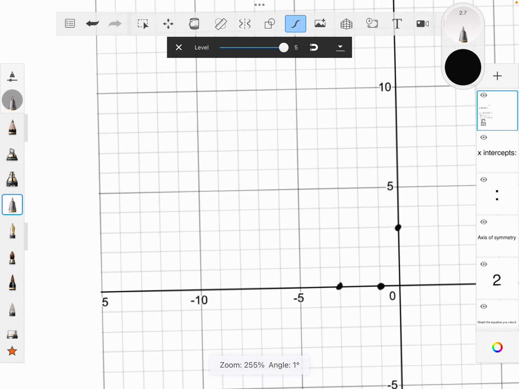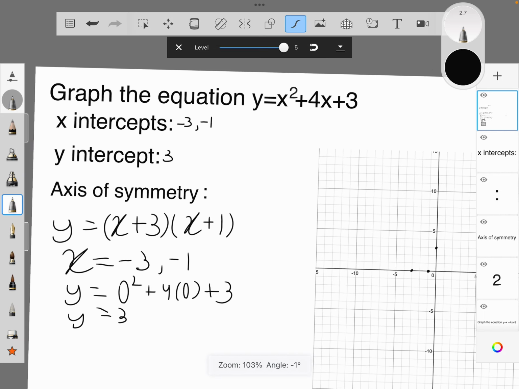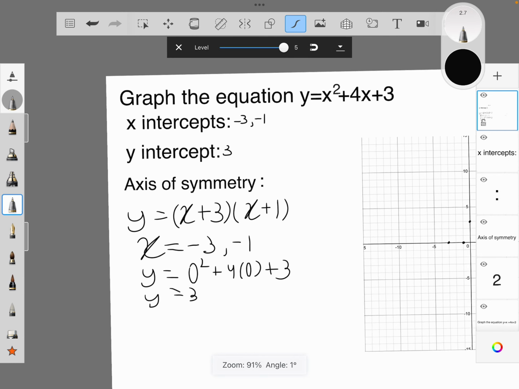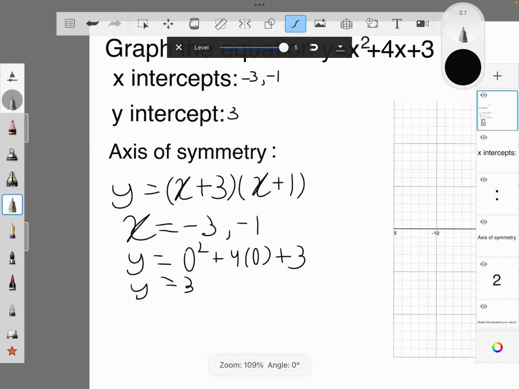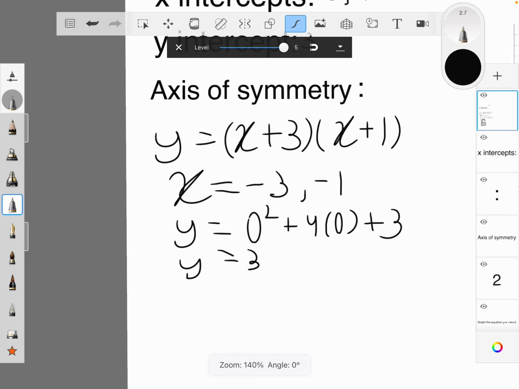Okay, now we need to find the axis of symmetry. The axis of symmetry is really just halfway between the two intercepts, specifically the x-intercepts. So we can just average -3 and -1 out.